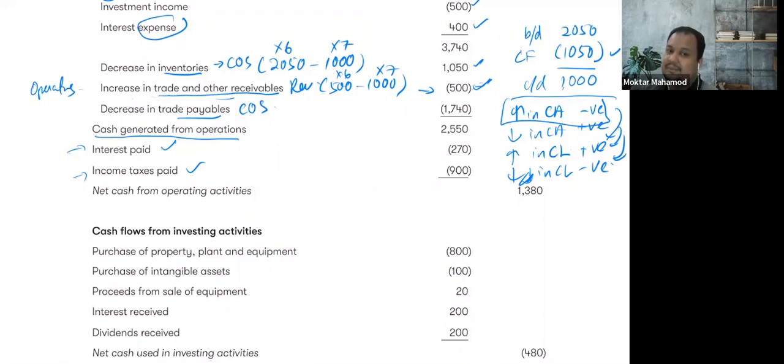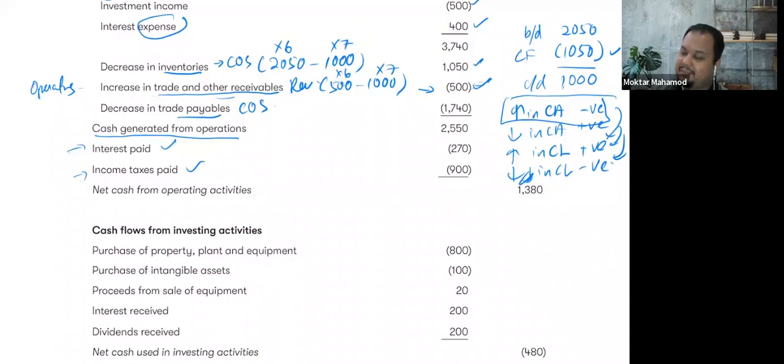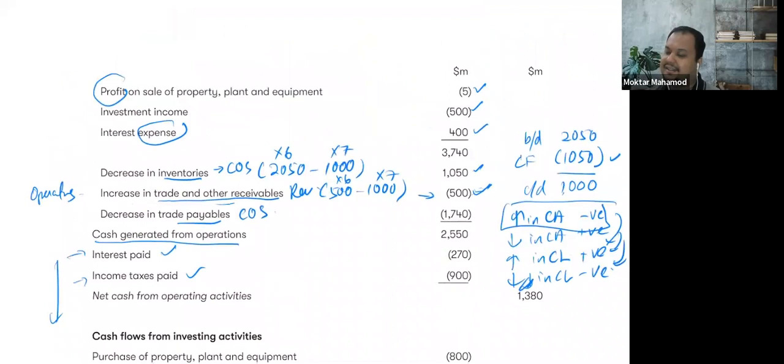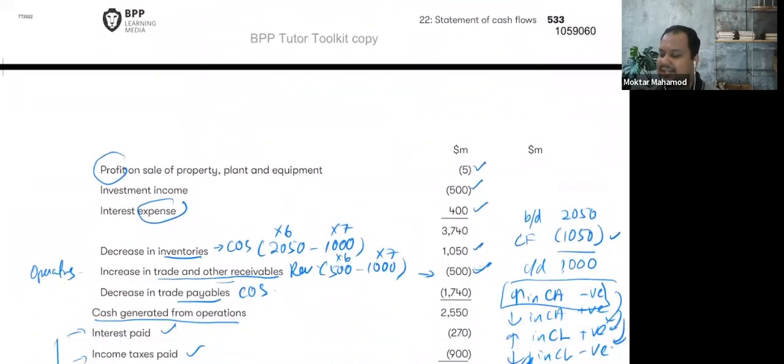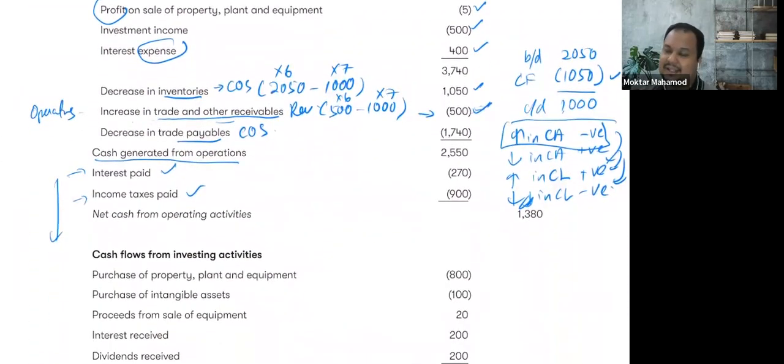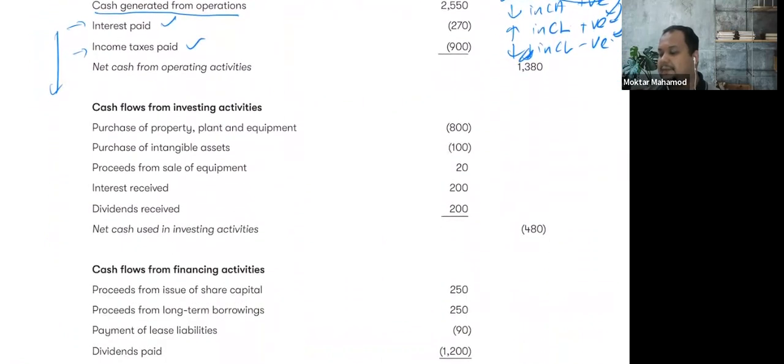So sebab tu dia asingkan sikit cash generated from operation, lepas tu baru ada interest paid and income tax paid. Okay, start je interest paid and income tax paid, ke bawah semuanya cash flow movement. Yang ini je you kena buat indicator increase decrease similar to current asset and current liability. After interest paid, you kena cari balancing figure for cash transaction. Okay.